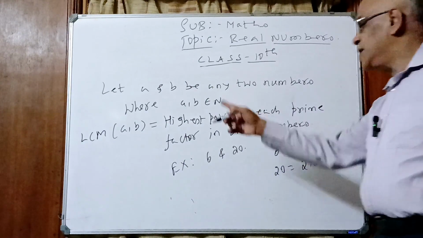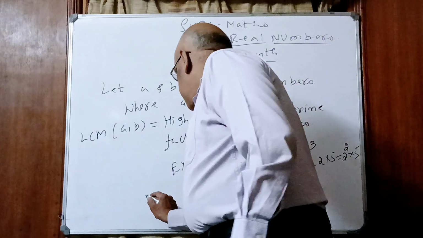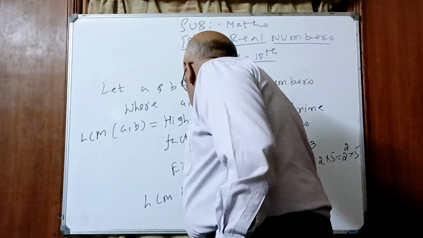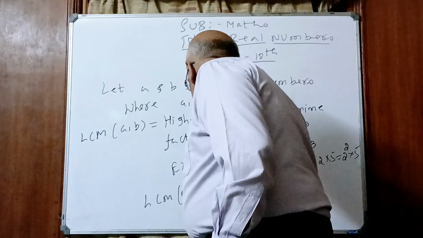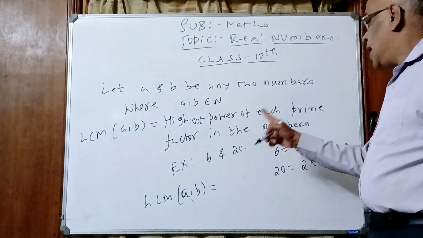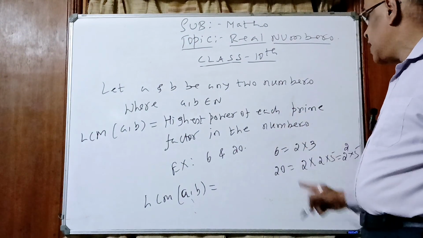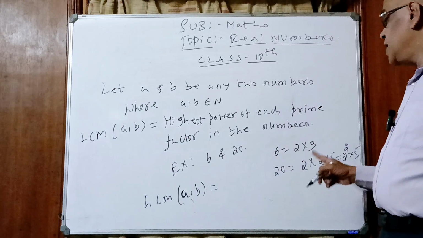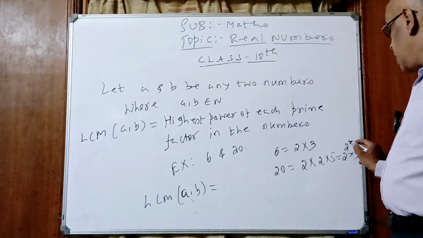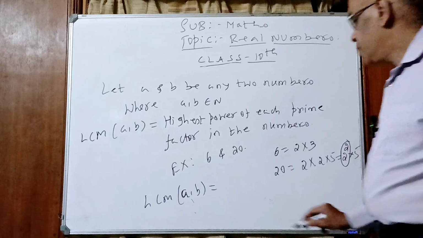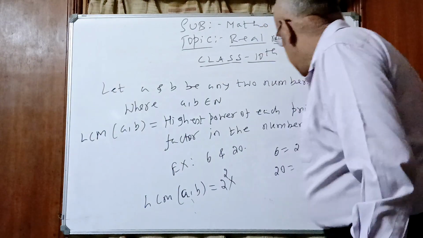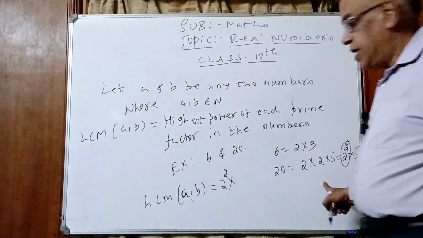So what is the LCM? LCM of A comma B: highest power of each prime factor in the numbers. 2 is common. What is the highest power? 2 square. 3 is there, there is no 3 in the other, so take 3.